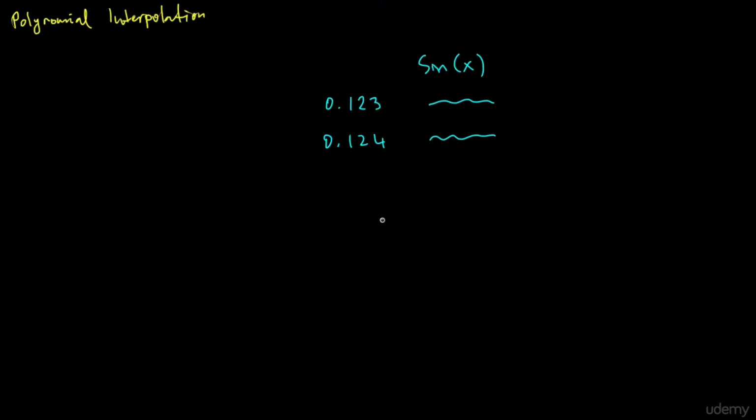So the question that was asked is, what if you want to find out the sine of, let's say, 0.1235? Now, this isn't in the table, so instead you have to read between the lines, so to speak, and figure out what the value is based on some values that you already know. And this is ultimately what interpolation is all about. It's about reading between the lines.